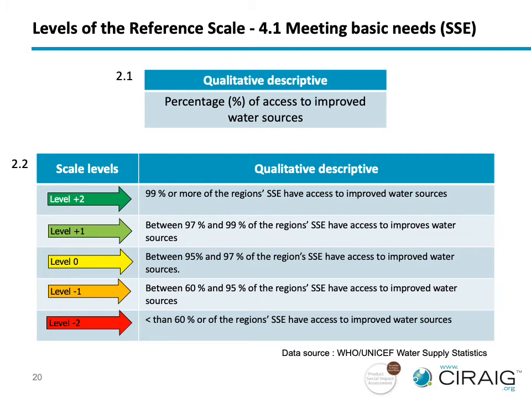For our case, we gathered country-specific data for the single performance indicator from the World Health Organization and UNICEF water supply statistics. The compliance level, level 0, was set based on the relevance reference scale established by the inbox. The other levels have been selected based on the bottom and top quintile data.